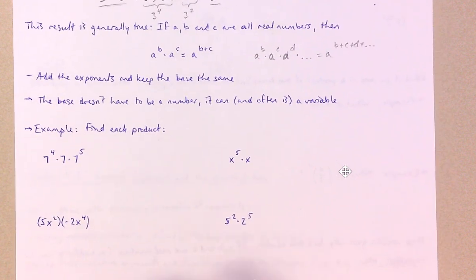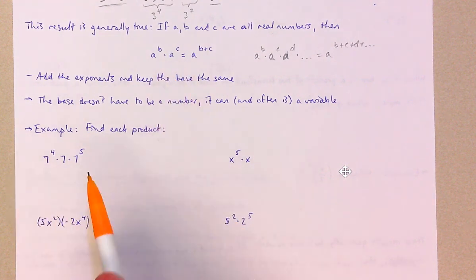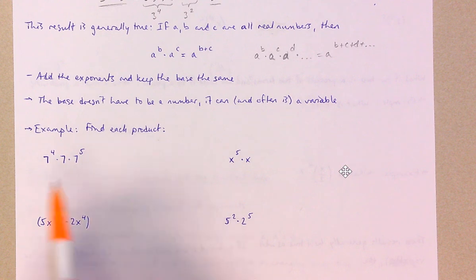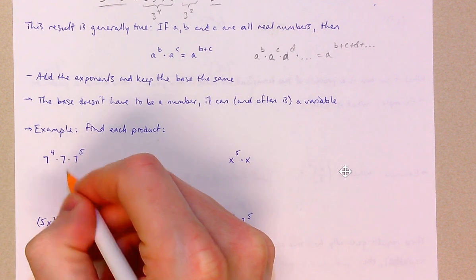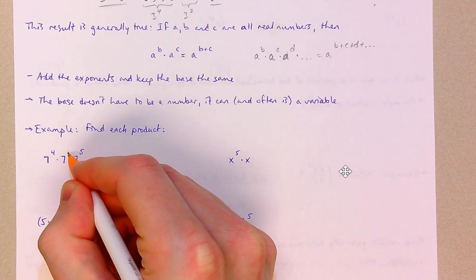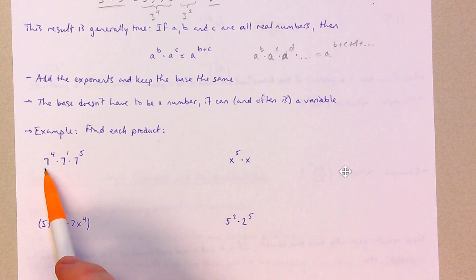So we're going to consolidate each of these products. We're going to use this rule here to see how we can rewrite each of these things. I have 7 to the 4th times 7 times 7 to the 5th. Well, recall, 7 is the same thing as saying 7 to the power of 1, because anything you raise to the first power is just that same thing. So here I see I have bases that are all the same.